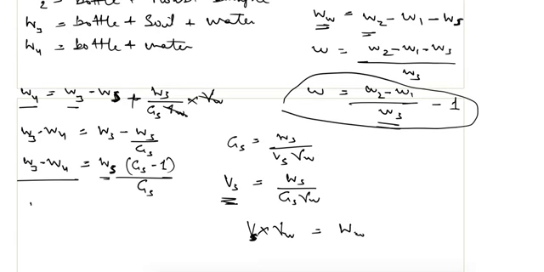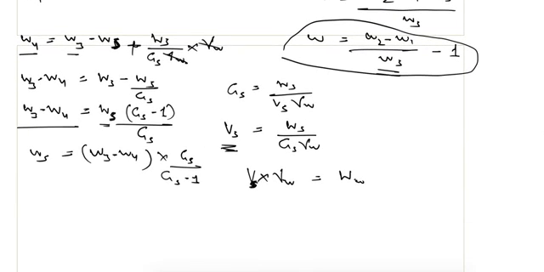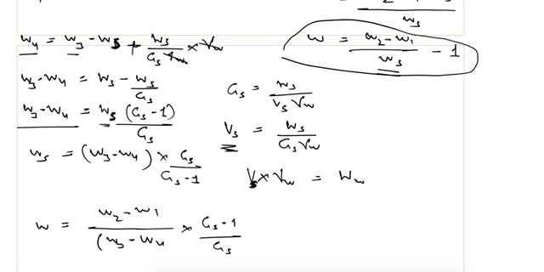So Ws from here is, Ws is equal to W3 minus W4 into Gs upon Gs minus 1, and if I put it in this water content equation, we get W2 minus W1 divided by W3 minus W4 into Gs minus 1 upon Gs minus 1.